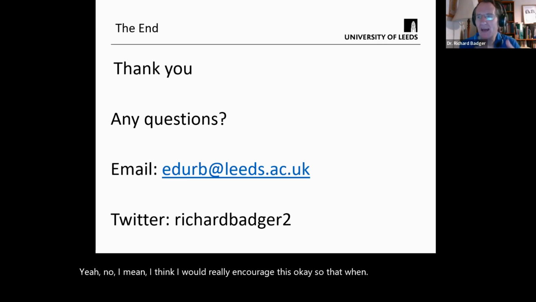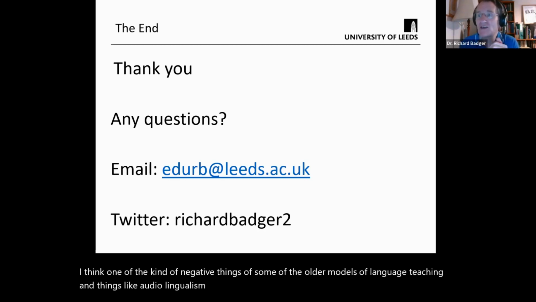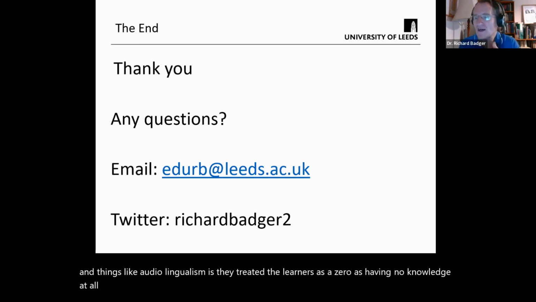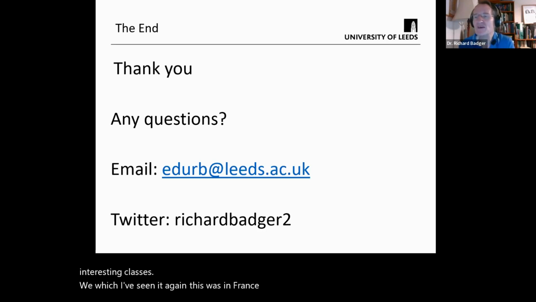I think one of the negative things of some of the older models of language teaching, like audiolingualism, is they treated the learners as a zero, as having no knowledge at all. And I think the social skills learners bring to the classroom are very important. I'm cheating a little bit here, but one of the really interesting classes I've seen, again in France, was with an English language teacher who was a native speaker of French.